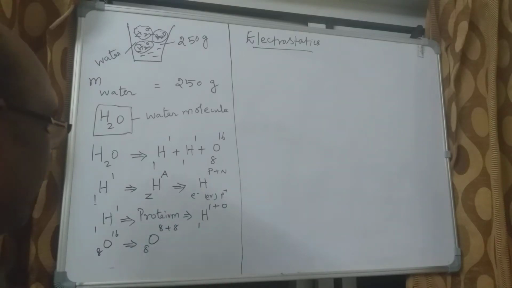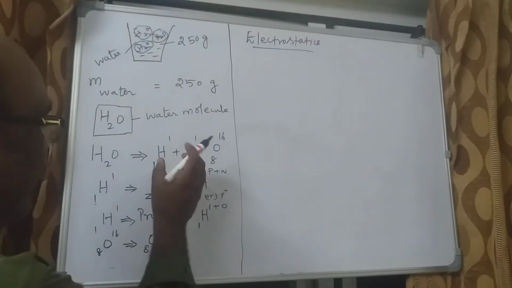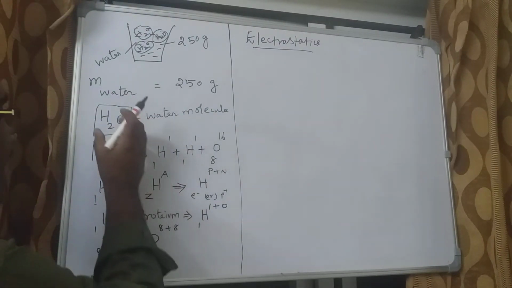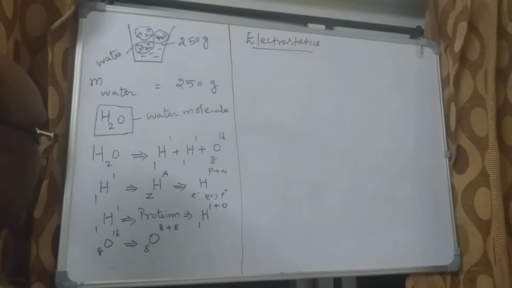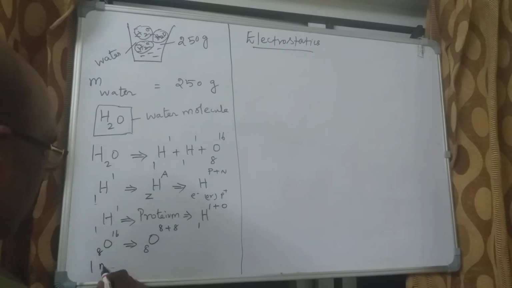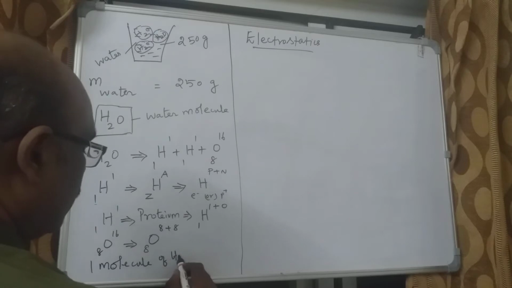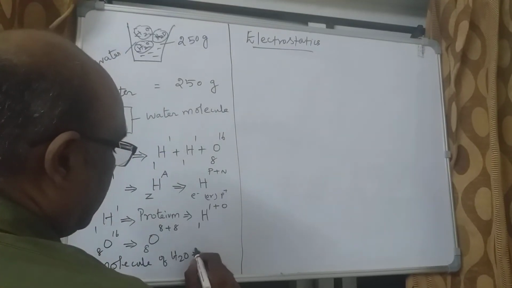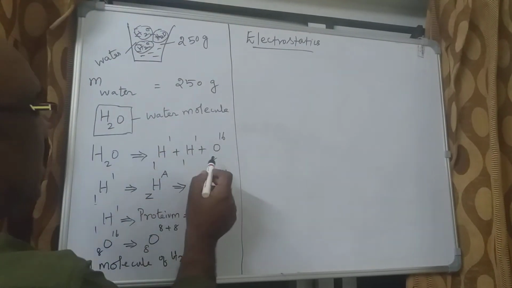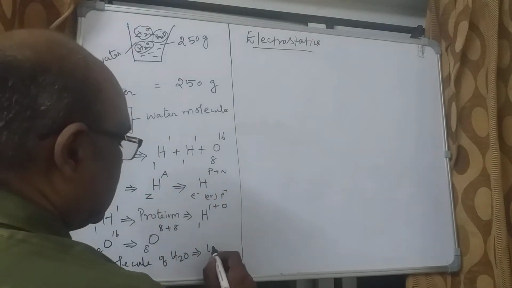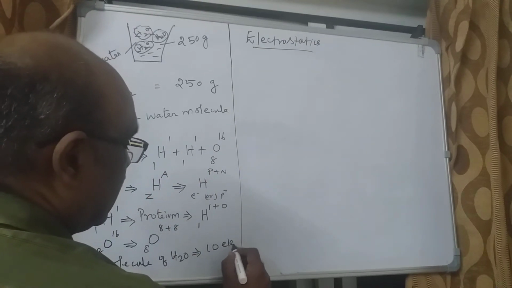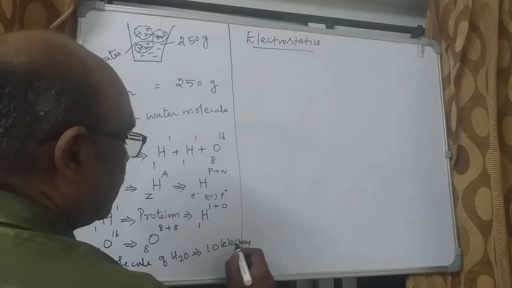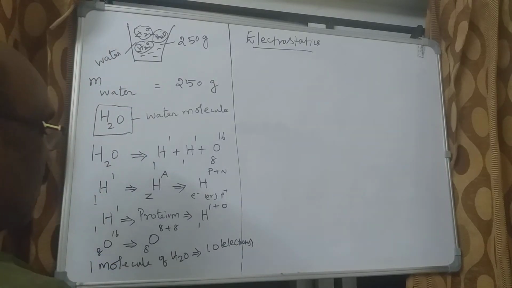Now let us find how many electrons are present in one molecule of the substance. In one molecule of H2O, the number of electrons present is 8 plus 1 plus 1, that is 10 electrons. 10 electrons are present in one molecule of the substance.